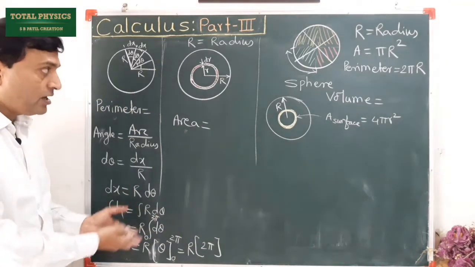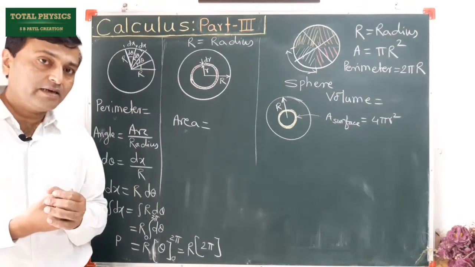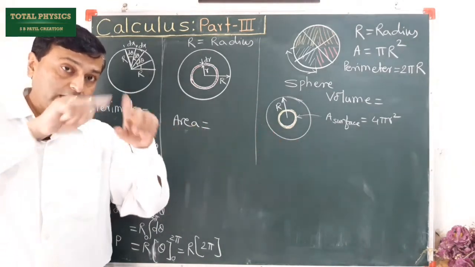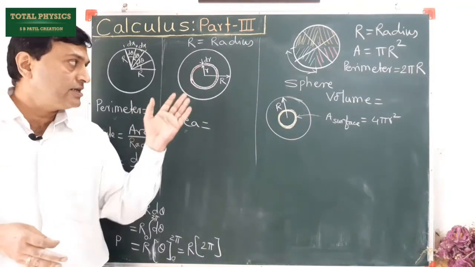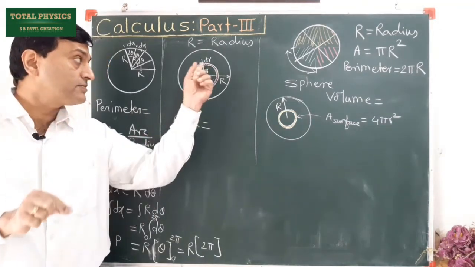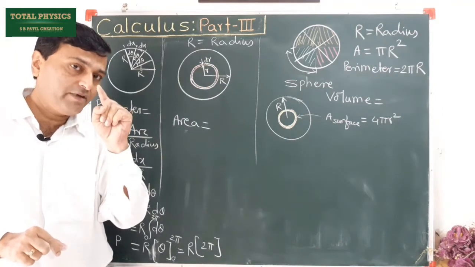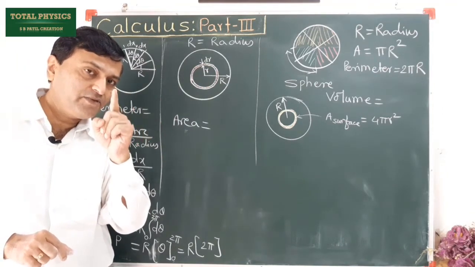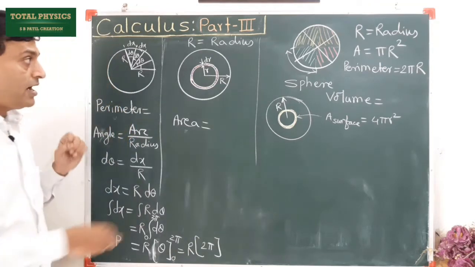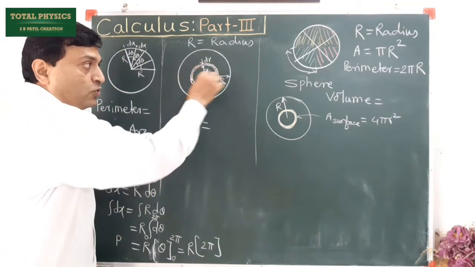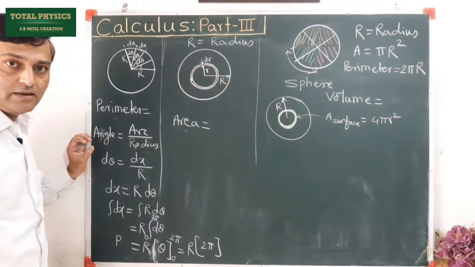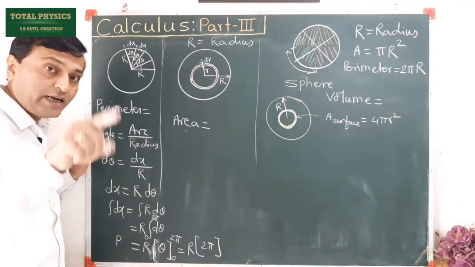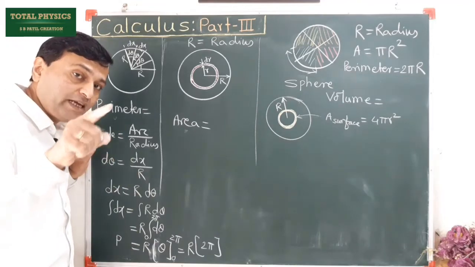By using this formula we can obtain the area. Just now we have seen that triangle, number of triangles. In this case I have taken a small ring having a small width. Small means infinitesimally small. I want the total area of the circle. If you know this formula of perimeter, you can determine the formula of the area of a circle.